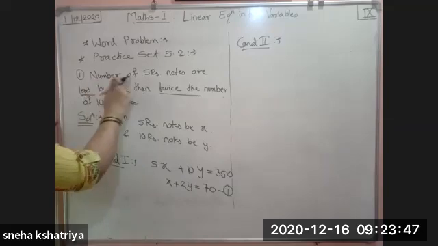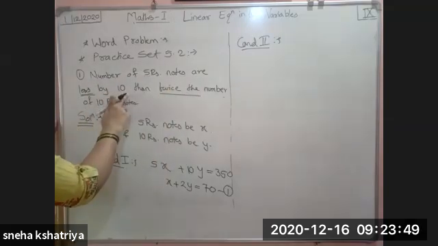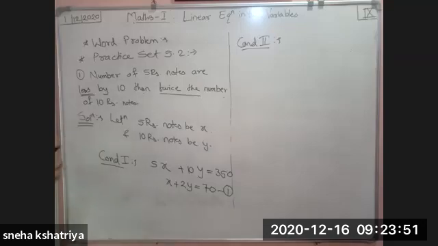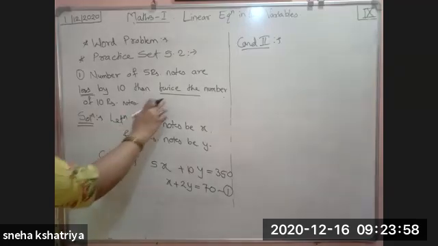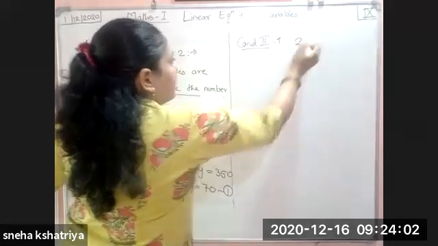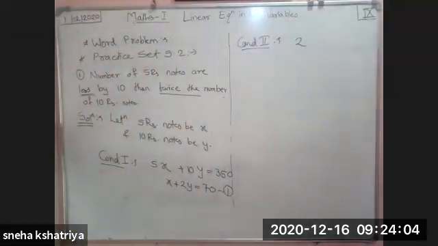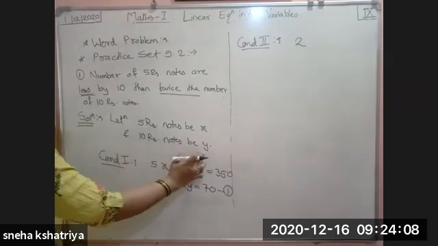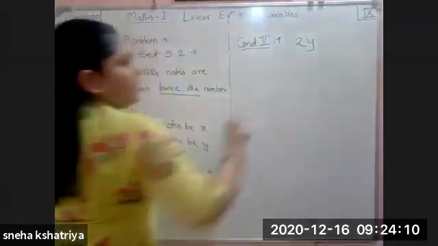Number of 5 rupees notes are less by 10 than twice the number of 10 rupees notes. 10 rupees notes, what we have considered? We have considered it Y.